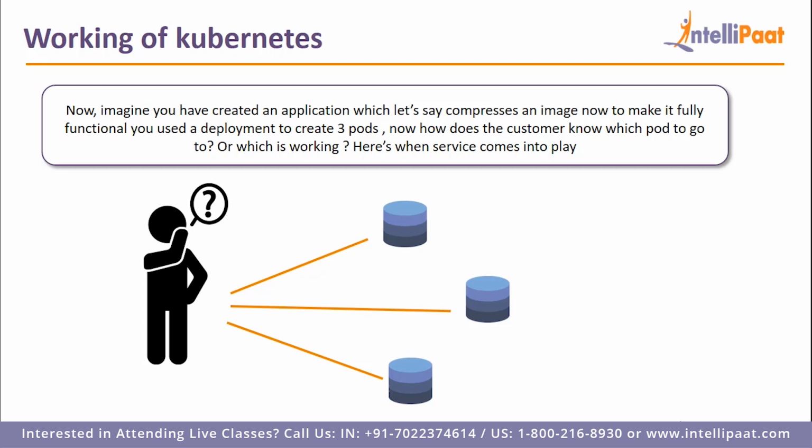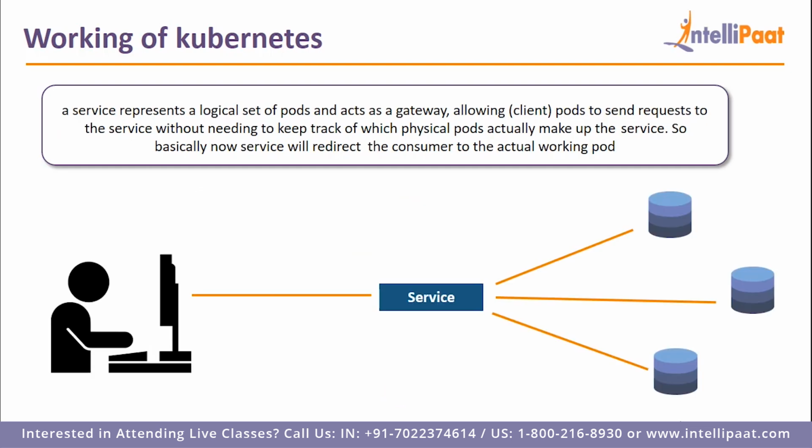So what you do in that case is you create a service, right? The job of a service is to represent a logical set of pods. It acts as a gateway, allowing the client to send requests to the service without needing to keep physical track of the pods that you have.